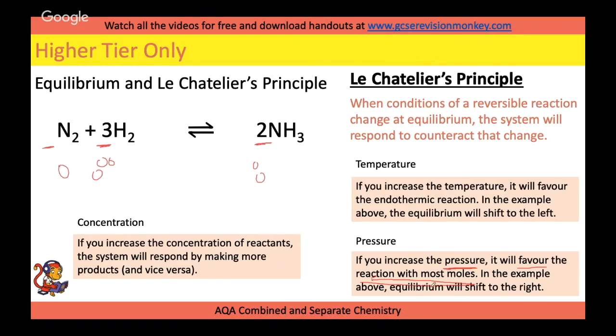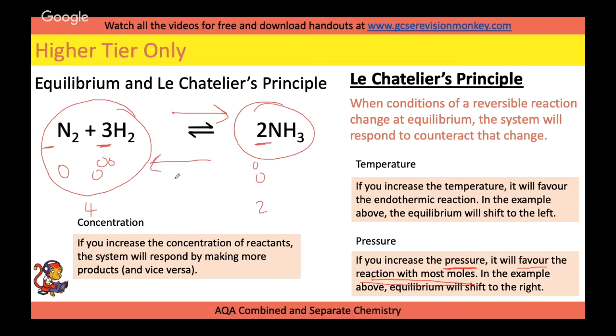So in the example above, an increase in pressure will favour this reaction because it has 4 moles altogether compared to 2. So the equilibrium will shift to the right and you will produce more ammonia. If you decrease the pressure, the opposite will happen. The equilibrium will shift to the left and you will produce more nitrogen and hydrogen.